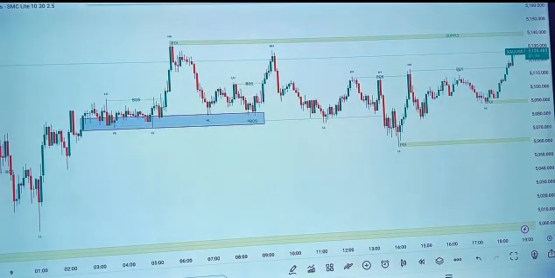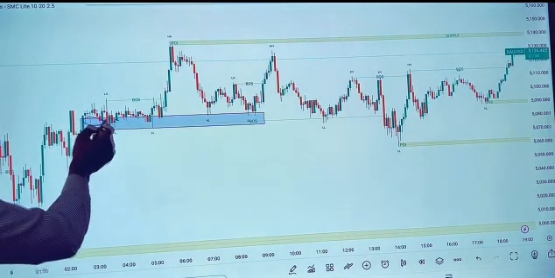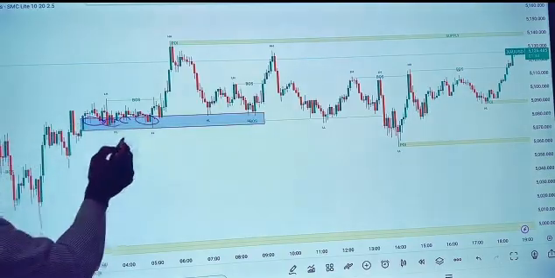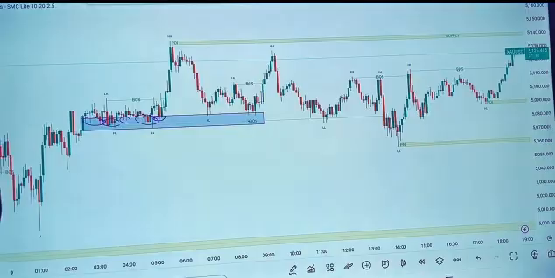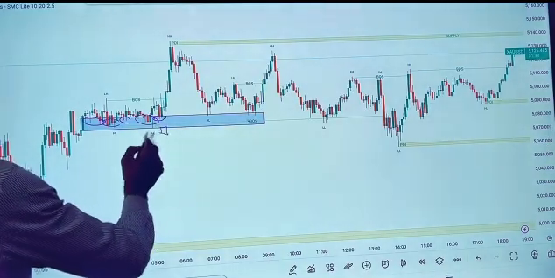One more thing, your key areas. The candlestick can find itself in the key area. The body of the candlestick can be in the key area, but the body cannot close below the key area.